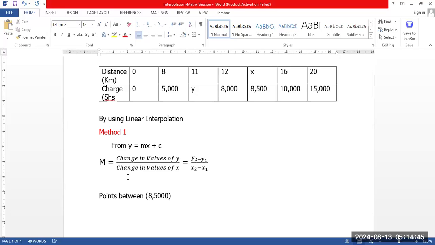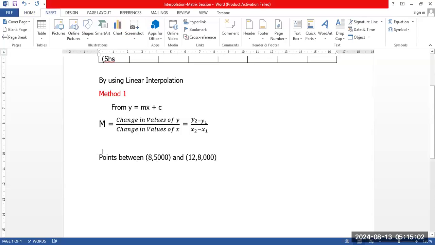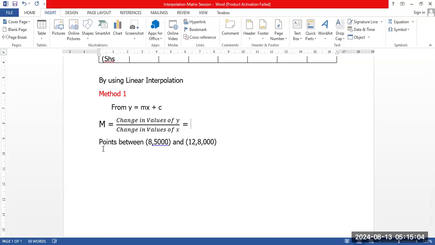We have the point 8 with 5,000, and we have another point, 12 with what? 12 with 8,000. We can use these two points to determine our m.